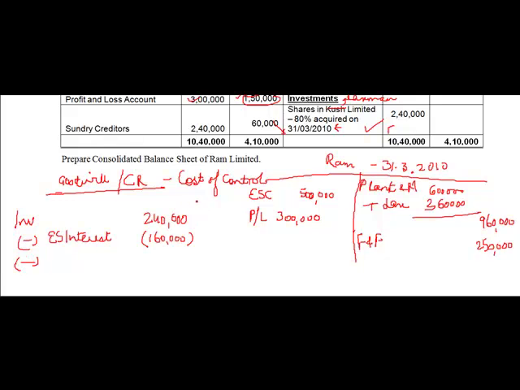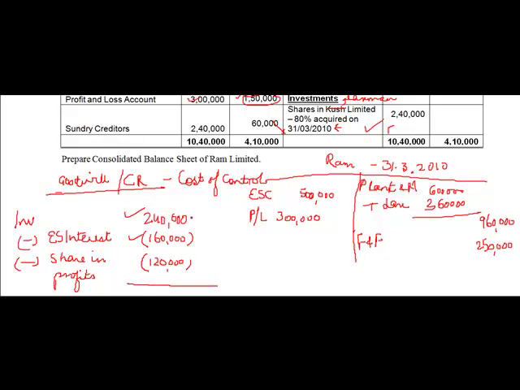So when I paid this 2,40,000, what I got was the equity share capital and the share in profits. Normally this profit is classified into pre-acquisition profit and post-acquisition profit, but because in this case the date is the same, the entire profit is pre-acquisition profit. 80% of that is 1,20,000.